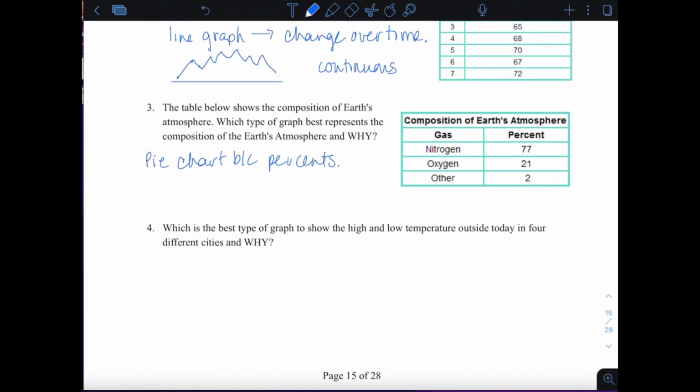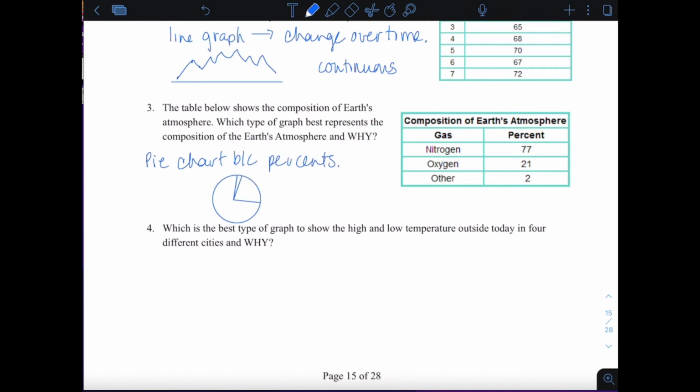So we have 3 categories that should all add up to 100, and I think probably a pie chart would be good. And then we would have to be careful to make sure that the 2% really does look like 2%, and the 21% really does look like just 21%.